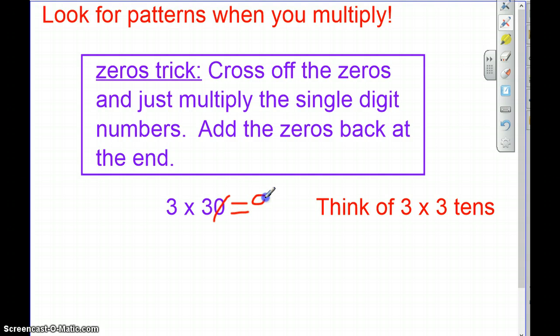Well, 3 times 3 tens is 9 tens. And we know that 9 tens is equal to 90. So 3 times 30 is 90. Again, all I did was cross off my 0, multiply 3 times 3, which is 9, and then add my 0 back at the end. So 3 times 30 is 90.